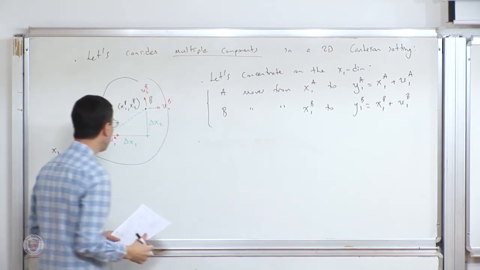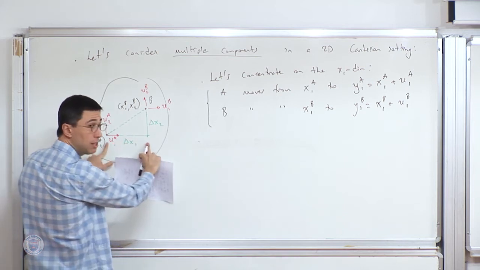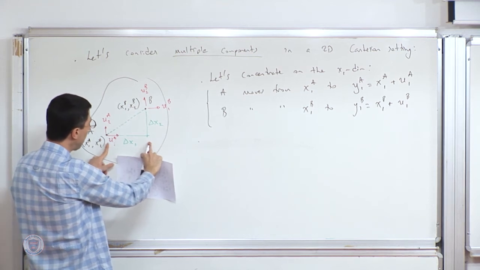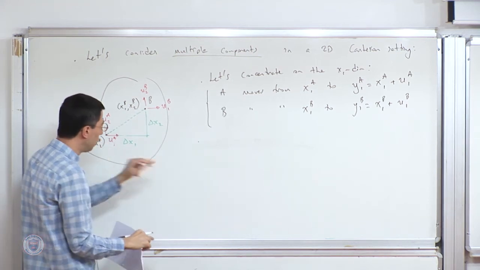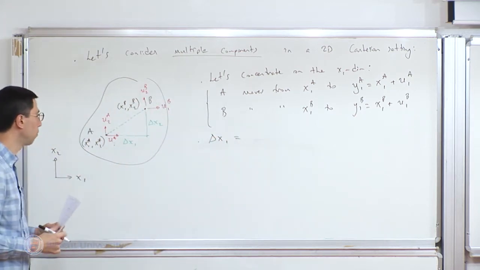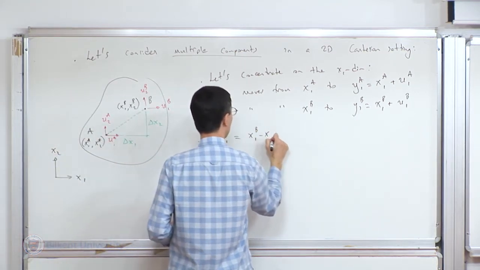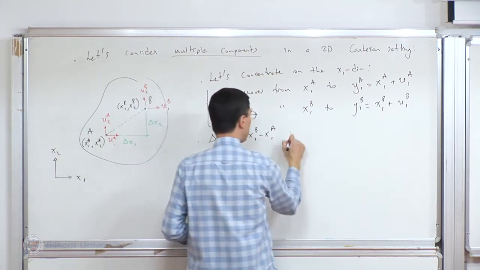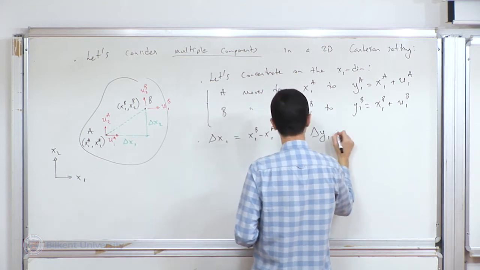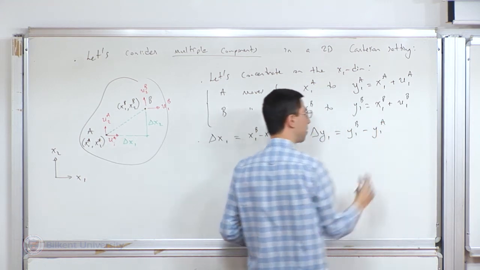So now I can go and have a look at the original distance in the x1 direction between point A and B, and the distance between A and B after both points move somewhere. So the original distance, delta x1, the distance between the 2 points along the x1 direction before deformation, is simply x1B minus x1A. And the distance after deformation is delta y1, let's say, and that's equal to y1B minus y1A.